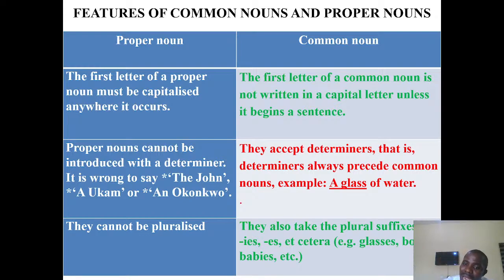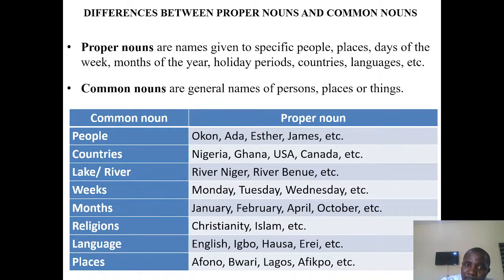So whenever you write these proper nouns, anywhere you write them, even the word Nigeria, if you start writing Nigeria with a small letter, it's wrong. If you start writing Tuesday, Wednesday, Thursday with a small letter, it's wrong. But you can write the word month, or week, which is the general name of Monday, Tuesday, Wednesday, Thursday, Friday, Saturday, Sunday.